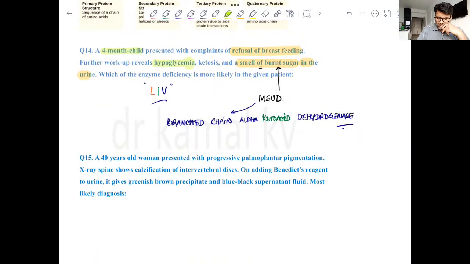Then moving forward, a woman presents with palmoplantar pigmentation, and there is also calcification of intervertebral disc. And when Benedict reagent was added to the urine sample, there is formation of blue-black supernatant fluid and a greenish-brown precipitate.